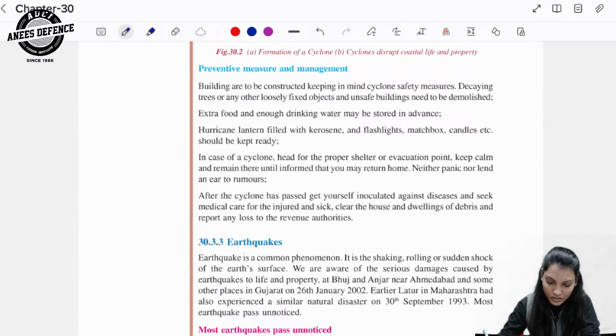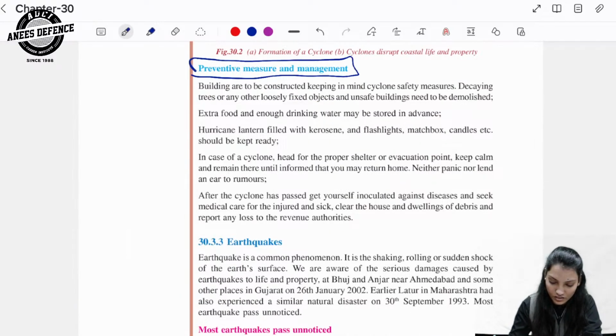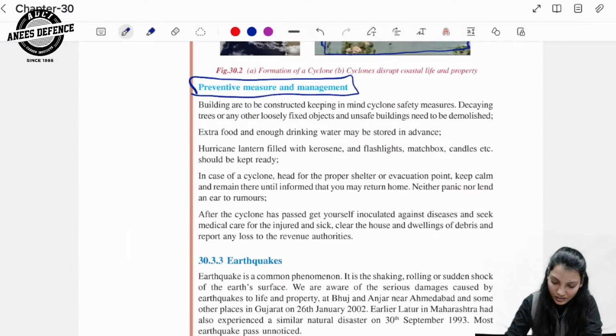Now, what are the preventive measures and how can you manage the cyclonic condition? Whenever you are constructing any building or structure, you should keep in mind the cyclone safety measures. You should have extra food and enough drinking water stored in advance.